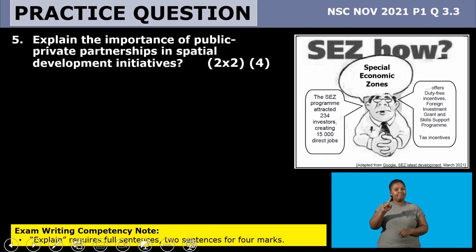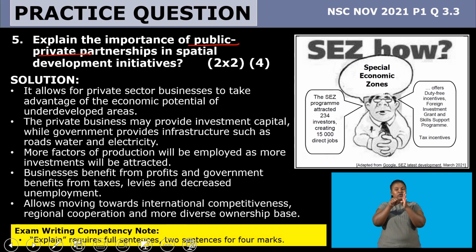So talking about importance of the partnership between the public sector and the private sector. It allows for private sector businesses to take advantage of the economic potential of underdeveloped areas. The private businesses may provide investment capital while the government provides infrastructure such as roads, water, and electricity.